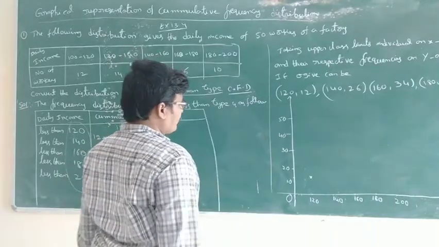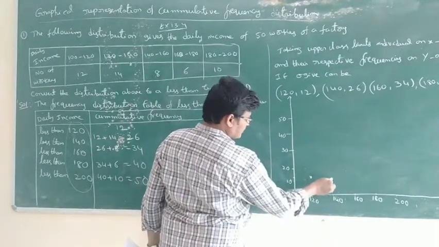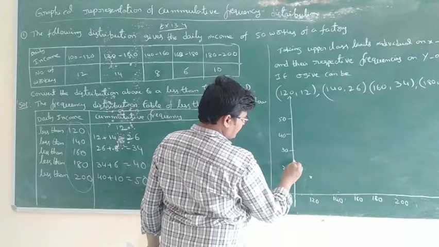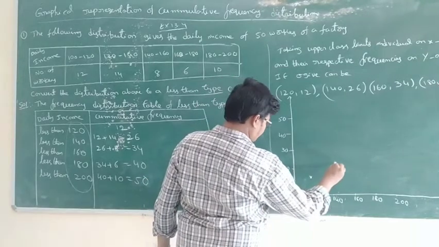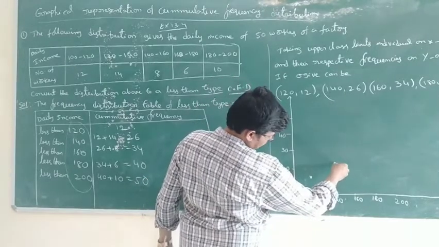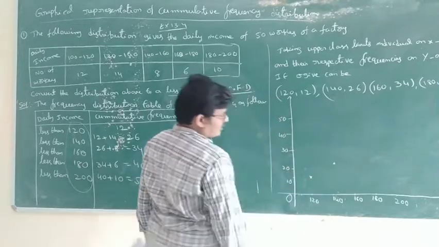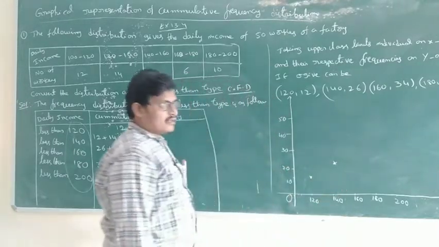Next 140 with 26, nearly this point, by using scale and pencil on graph paper.